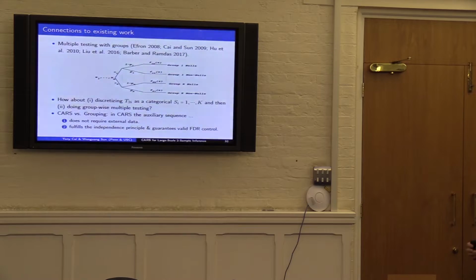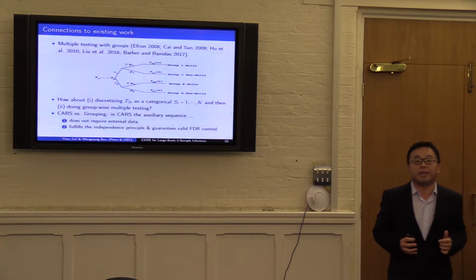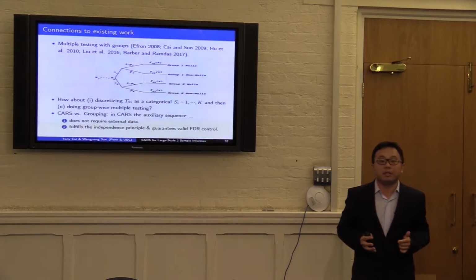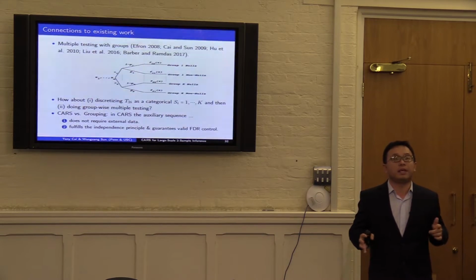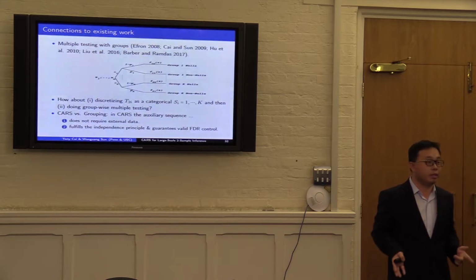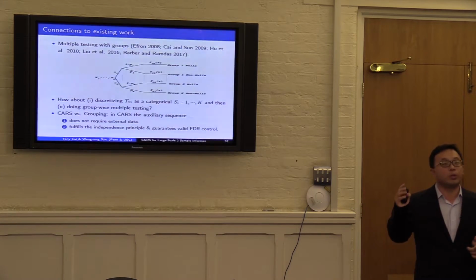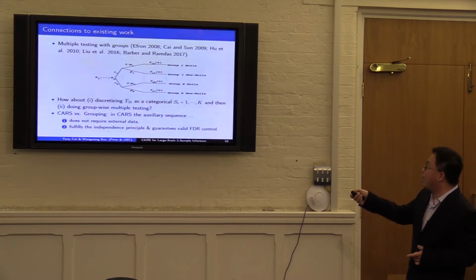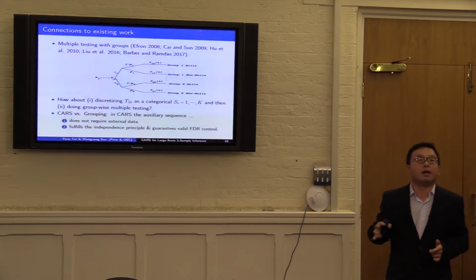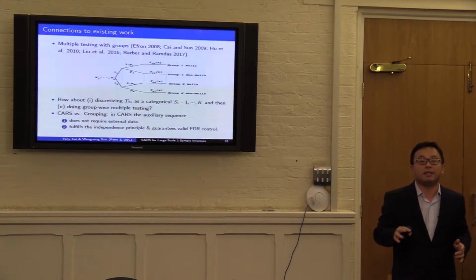And the second important difference is that our auxiliary statistic has been carefully constructed so that it fulfills the important independence principle. Essentially, if you do the grouping based on some correlated pairs, it will distort the null distribution of the p-values, for example.